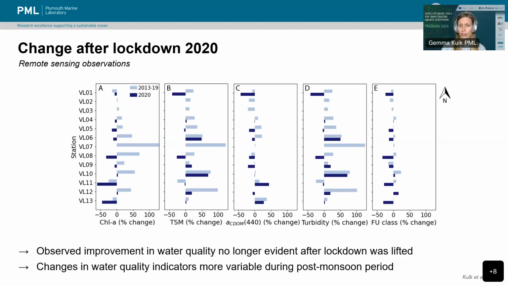And results showed that the observed improvement in water quality during lockdown was no longer evident. So instead, changes in water quality indicators were more variable in this post-monsoon period, and they were likely related to the influence of rainfall during the monsoon and associated changes in the hydrology of Lake Vembanad.